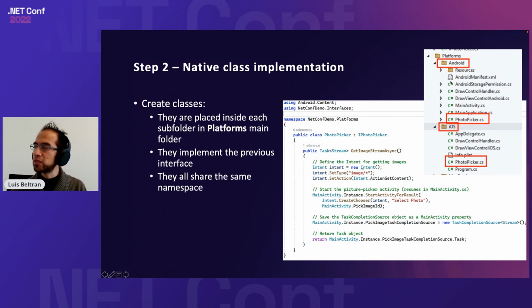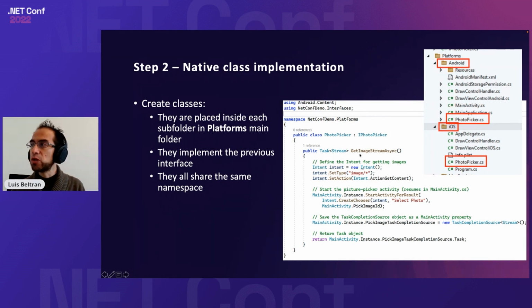You can observe that in the picture. You can also see that they share the same name: we have PhotoPicker in the Android folder and PhotoPicker in the iOS folder. Moreover, they share the same namespace, and they implement the previous interface.